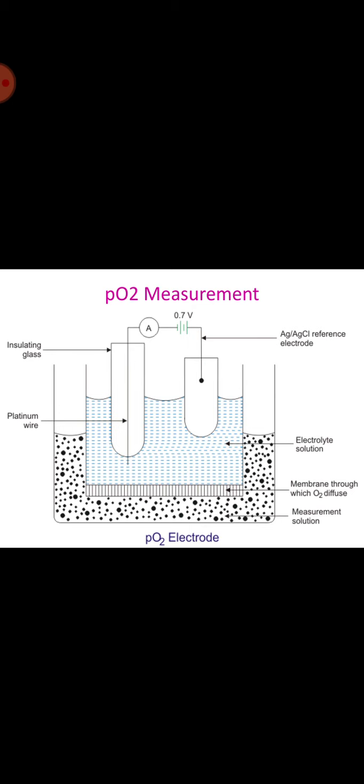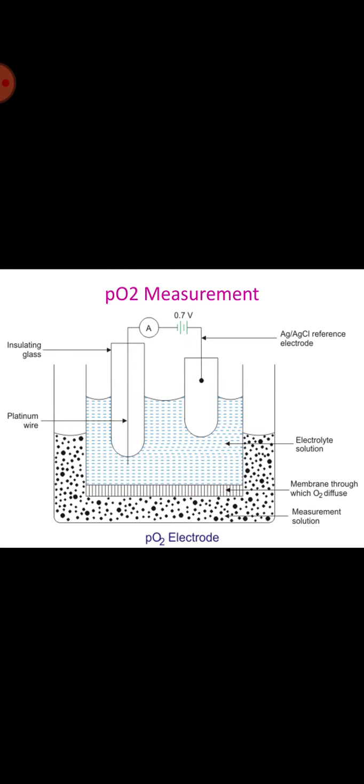And the oxygen electrode basically consists of two terminals, a cathode and an anode. A cathode is usually made up of platinum, as shown here, and it is negatively charged. And the anode is usually made up of silver or silver chloride, and it will be in an electrolyte filling solution with a polypropylene membrane.